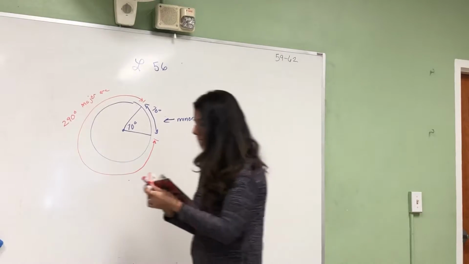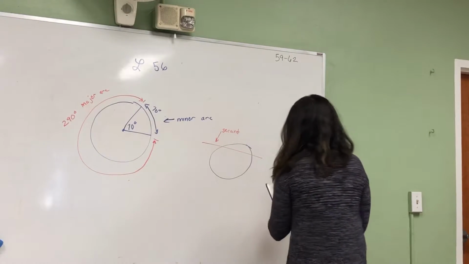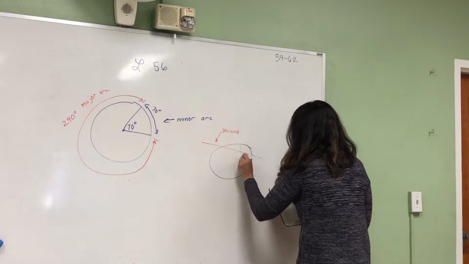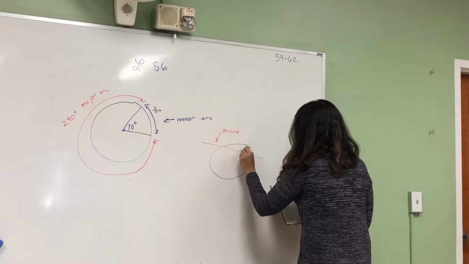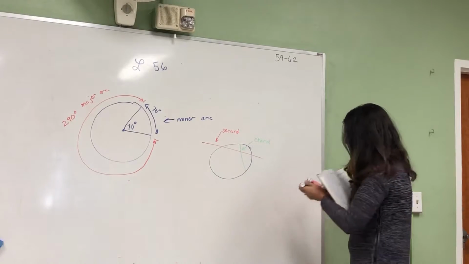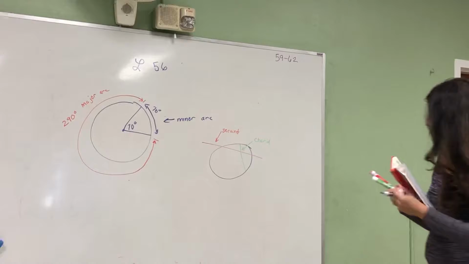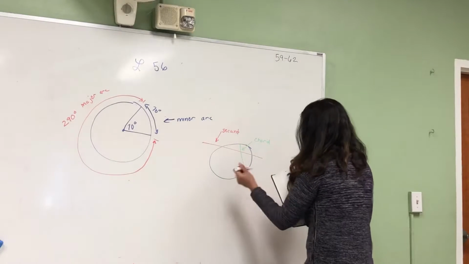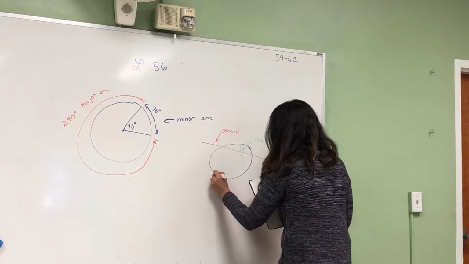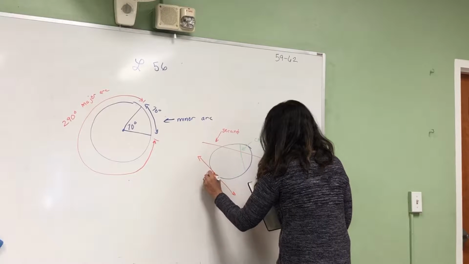We have a chord. The chord stays on the inside of the circle from one end to the other, and then we have a tangent. And a tangent just touches the circle at one point.